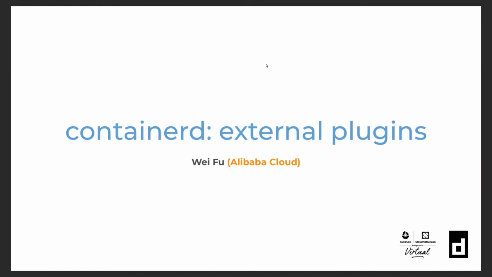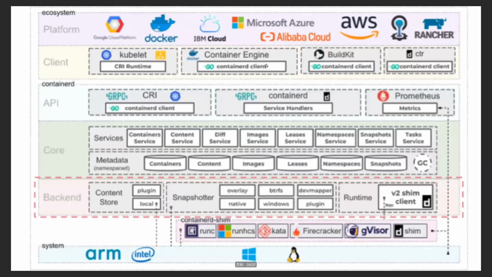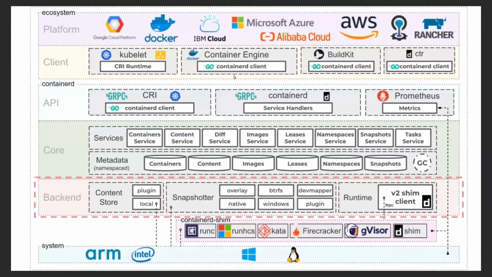Before we get into the details, let's recap the architecture. Look at this picture. Containerd exports very many gRPC services for the internal components, like container service, content service, diff service, and so on. The internal components maintain very low-level resources, so those APIs are very general purpose.